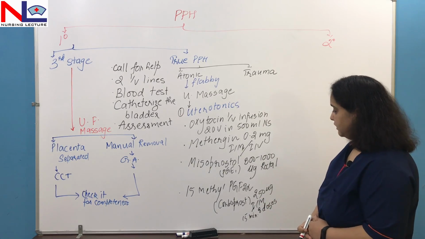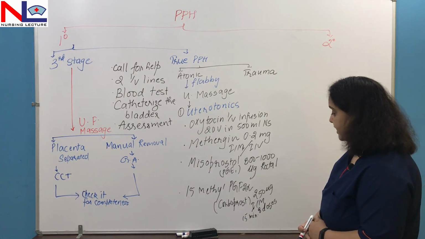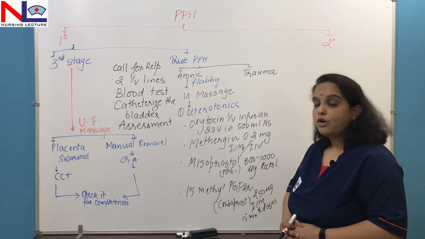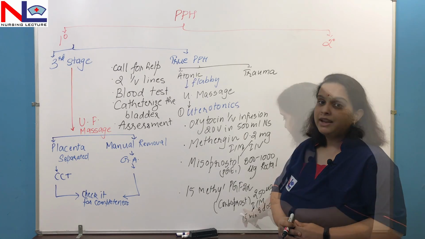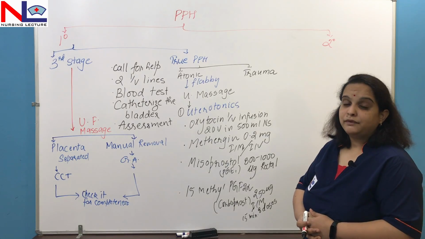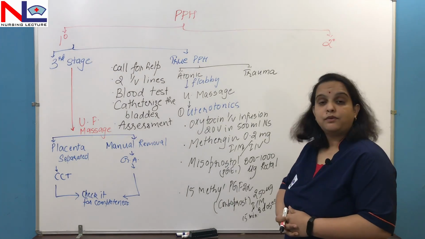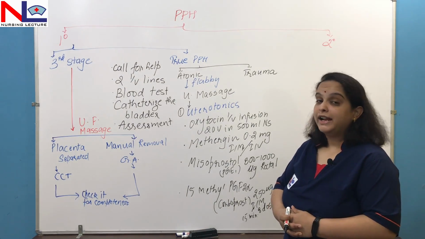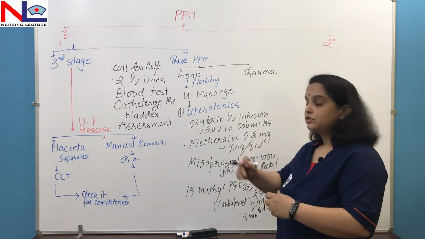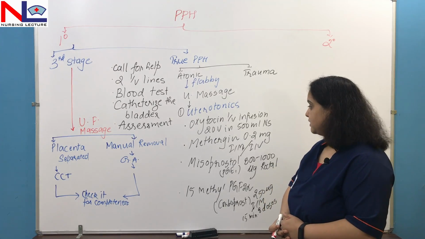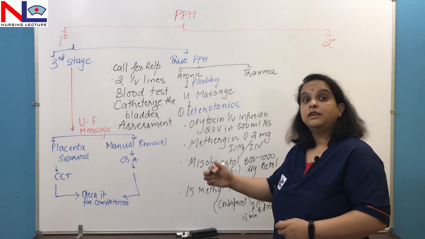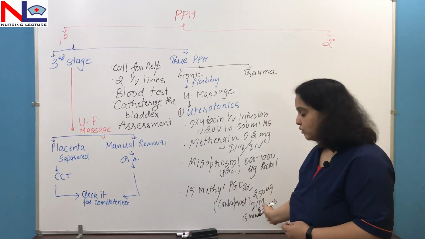This would be the next drug of choice, but again we must be cautious about its use because it cannot be used in asthmatic women. Carboprost can be given at 250 microgram, but we cannot wait for all 8 doses to be complete. It is not like that if oxytocin infusion fails, you move to methergin, then give misoprostol, and then wait for the whole 8 doses to complete.